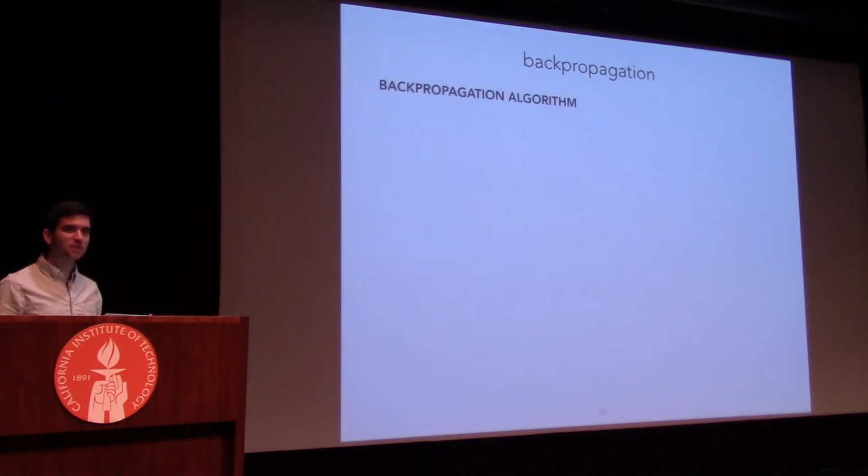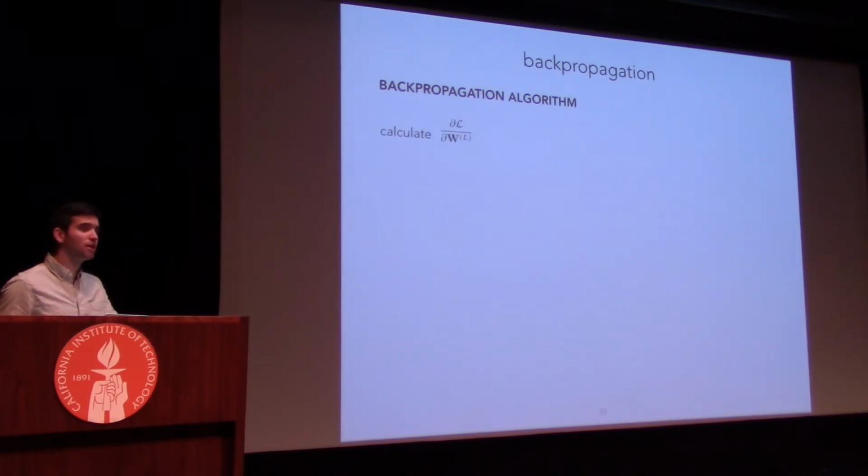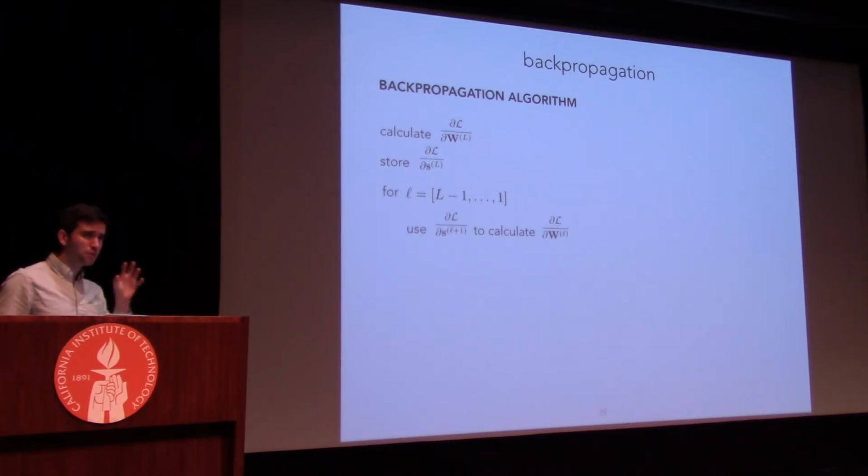So this gives us the backpropagation algorithm. Let's calculate the derivative with respect to the final set of weights. We're going to store the derivative of the loss with respect to the final summation. And now I'm going to traverse backward through all of the layers in the network. I'm going to use the derivative of the loss with respect to the summation to calculate the derivative with respect to the weights at my current layer.